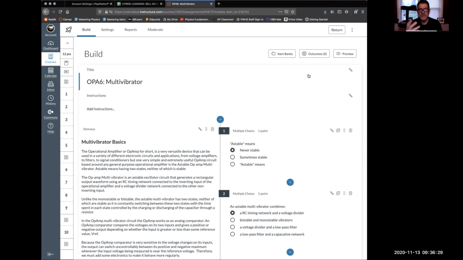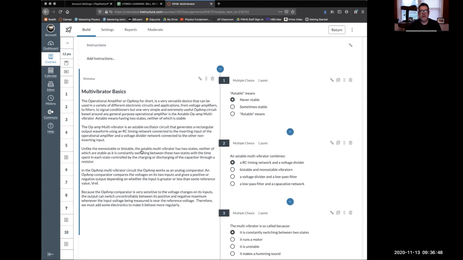Instead of using op amps, we had the transistors arranged in space with the capacitors, resistors, and diodes to construct a multi-vibrator. But now that we have the op amp in its consolidated form, we can build a multi-vibrator using that microchip, which is good.